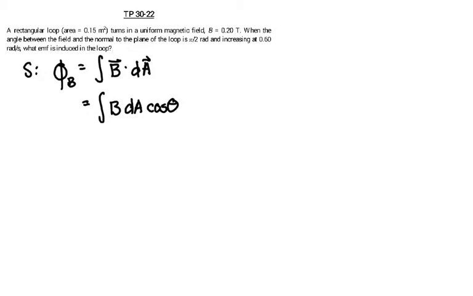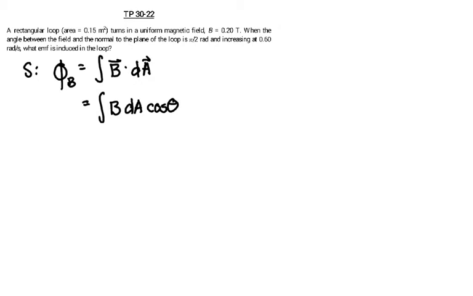But we have to be careful. Is the magnetic field uniform through that area? Well, it says so in the problem statement. So if it's uniform, then that means that it's the same everywhere. Now what about this cosine of theta term? Well, we know that theta is a function of time from our physics step and also from the problem statement.